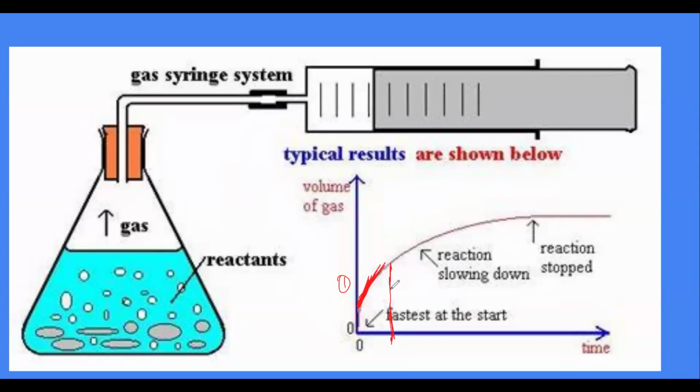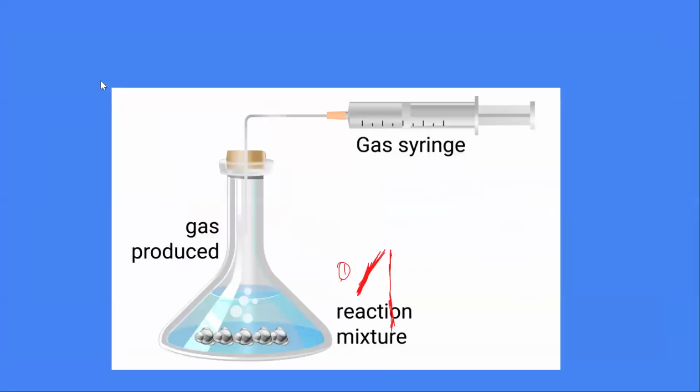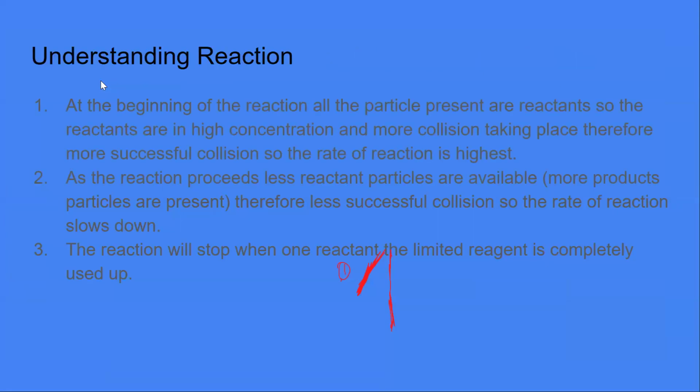At the beginning of the reaction, we have a high concentration of particles of reactants present. So we'll have more collisions taking place, therefore more successful collisions. So the rate of reaction is highest.